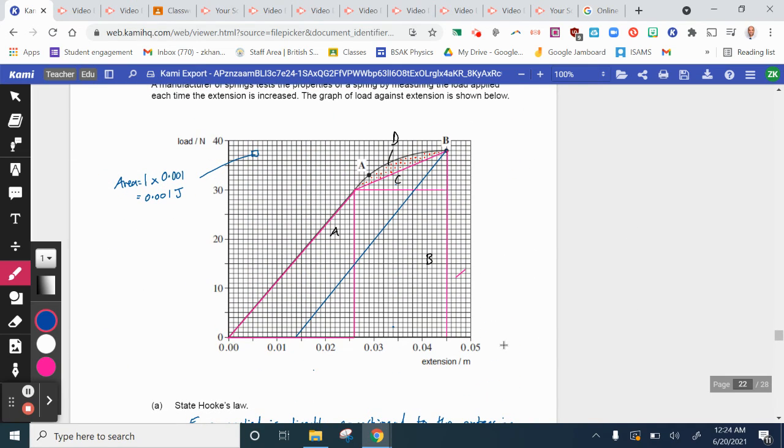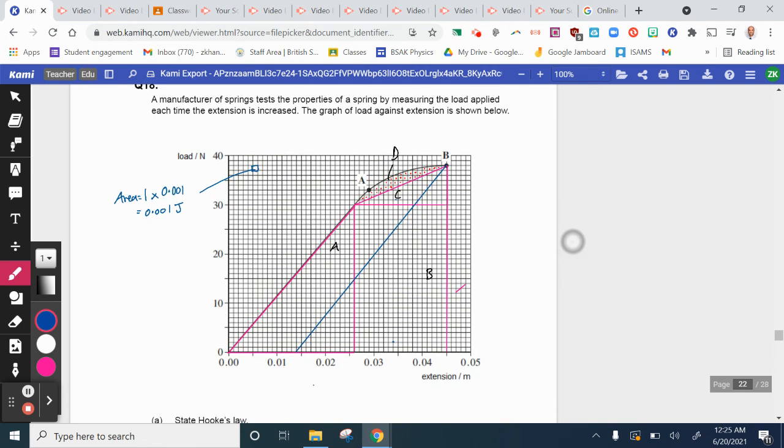There we go. So what they are trying to ask you is what's the difference between the work done in the loading phase compared to the work done in the unloading phase. So the work done in the loading phase is by the weights, and the work done in the unloading phase is by the actual material, so the spring.